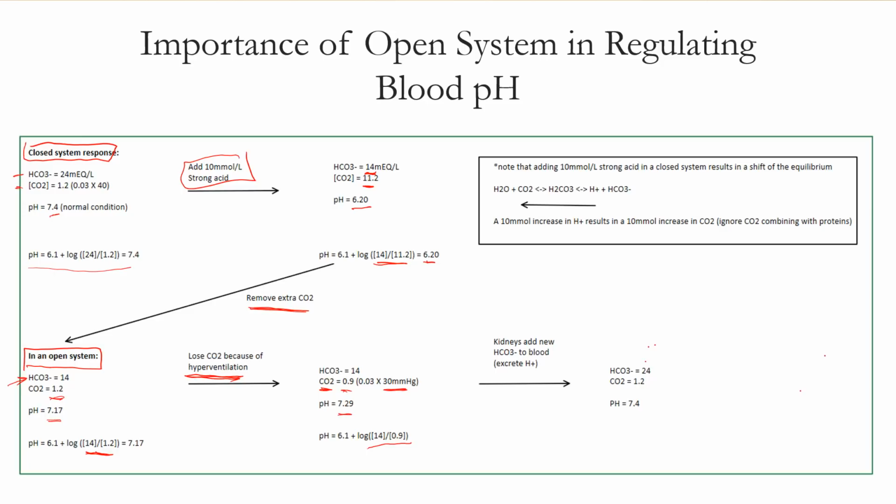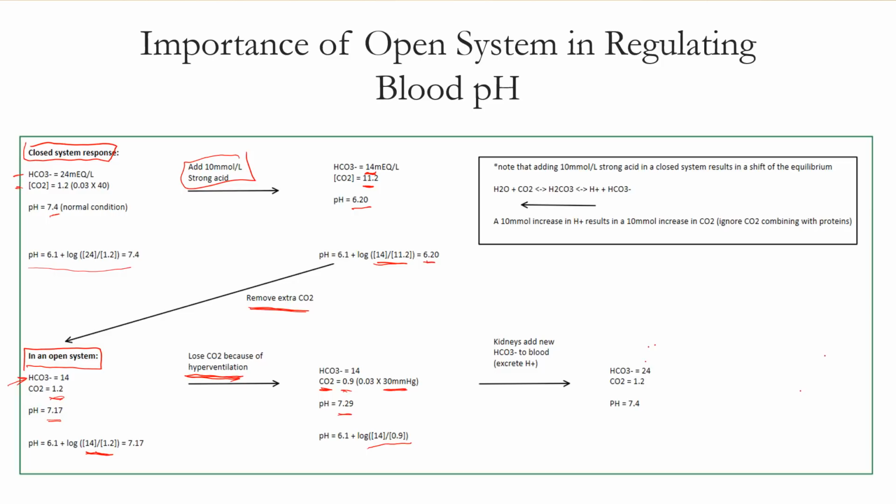So what happens here is not only does regularly blowing off that extra CO2 help improve our pH, but then we compensate by hyperventilating and blowing off more CO2. This helps produce a better ratio between our base and our acid and brought our pH back up to about 7.29, which is much better. And then finally, the kidneys.